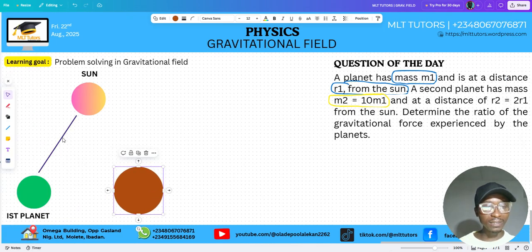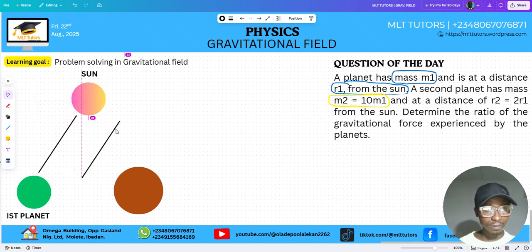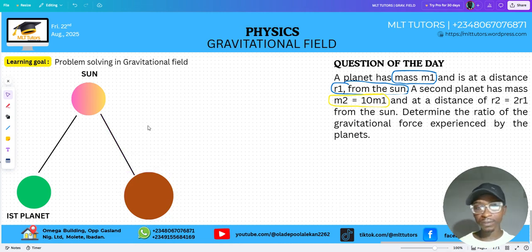Then let's get the distance between the planet and the Sun. Let's use a line to represent that. Okay, that's perfect. All right, let's proceed.